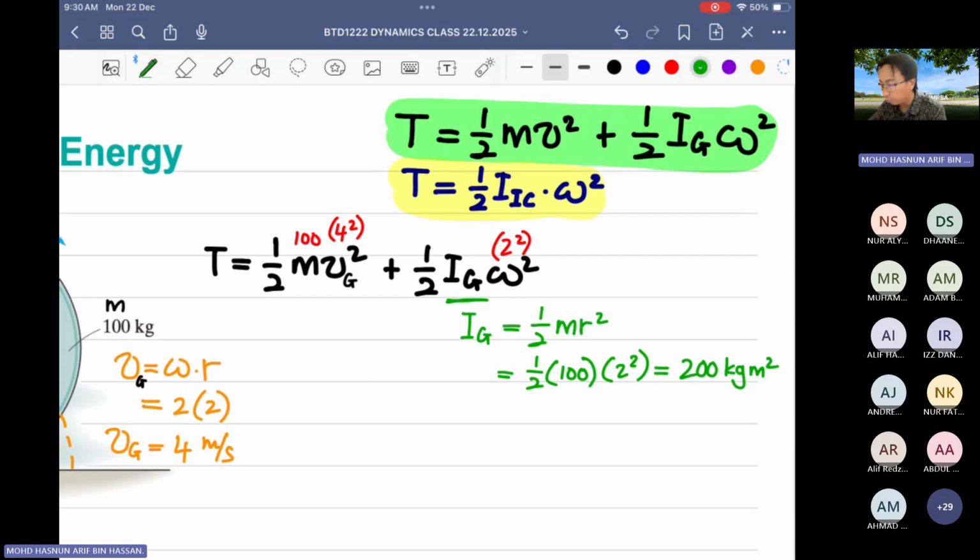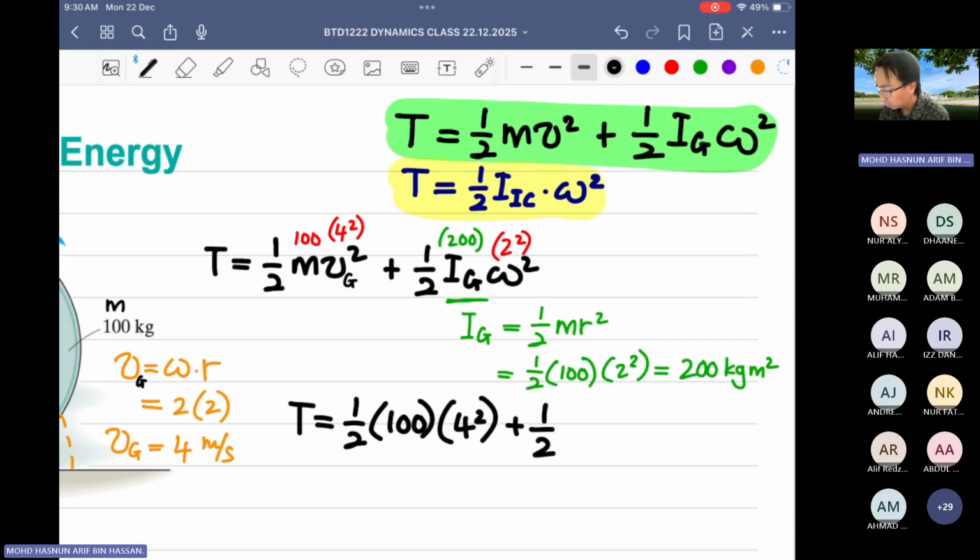Okay, so we now have all the values. So now here we know this is 200. Then we can substitute to solve the kinetic energy. So T is equal to 1 over 2 times 100 times 4 square plus 1 over 2 times 200 times 2 square.